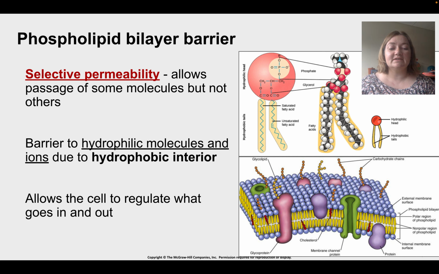They won't be able to easily move through this bilayer. Rather, they're going to need help, and this help might be in the form of transport proteins. But the big picture here is that it's selectively permeable. It allows some molecules in and not others, which allows the cell to regulate those concentration gradients, regulate what is inside of the cell versus what is outside of the cell.